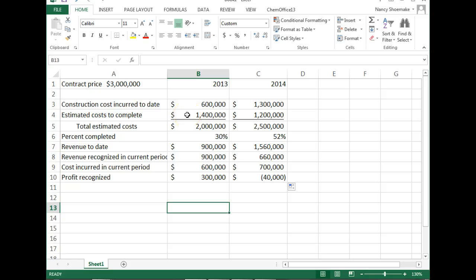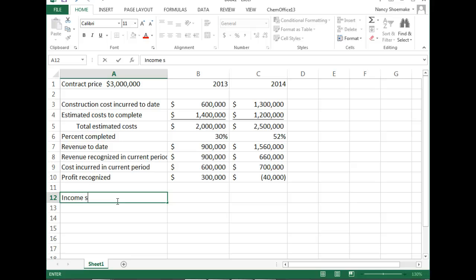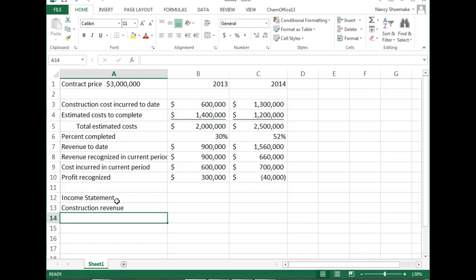Compare the gross profit or loss recognized in 2013 and 2014. Prepare the appropriate sections of the income statement and ending balance for each year. How are we going to do the income statement here, guys? Construction revenue is what?